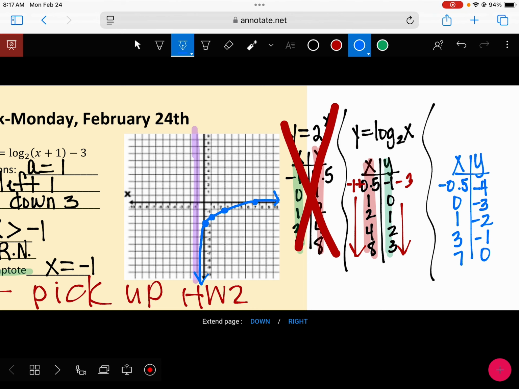All right, go ahead and compare your table and graph. Now I did draw in that purple wall. That's our vertical asymptote. That would be x equals -1. That's where the graph cannot cross.